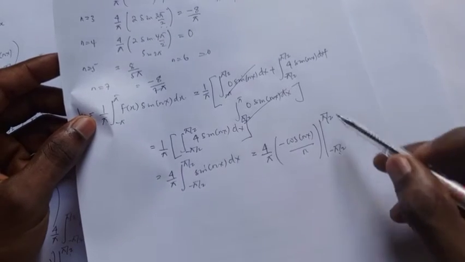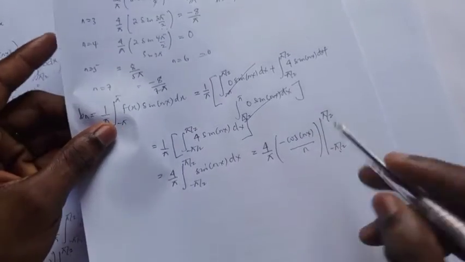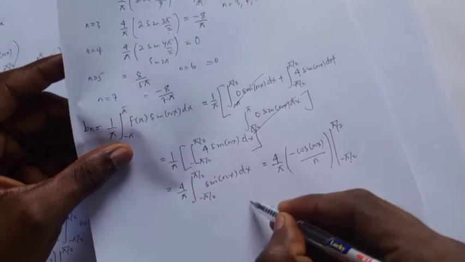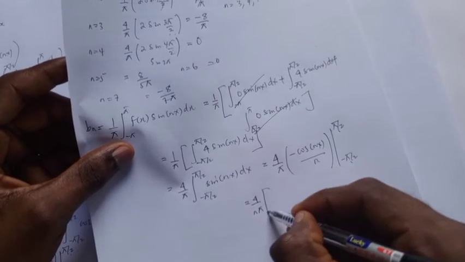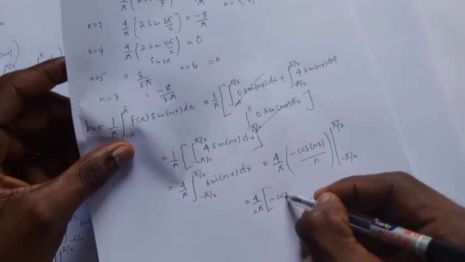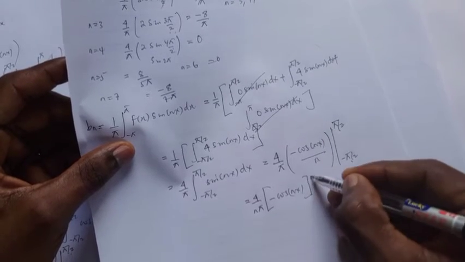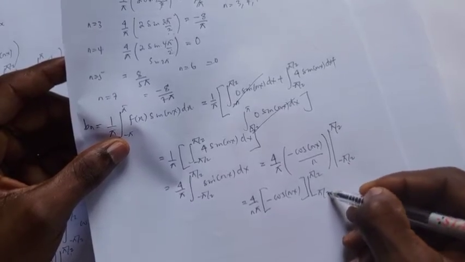So we have to impute these limits into the values of x, so I can bring out this n. If I factor out n, I have 4 over n pi into minus cosine of nx. This is what I'll have, of course, from the limit of pi over 2 to minus pi over 2.